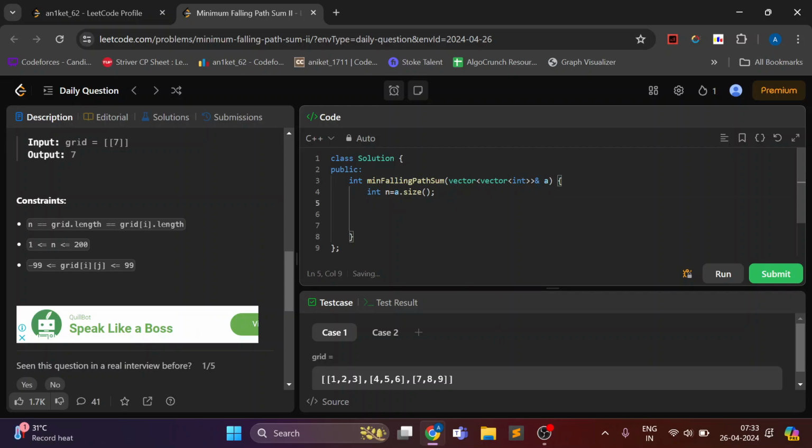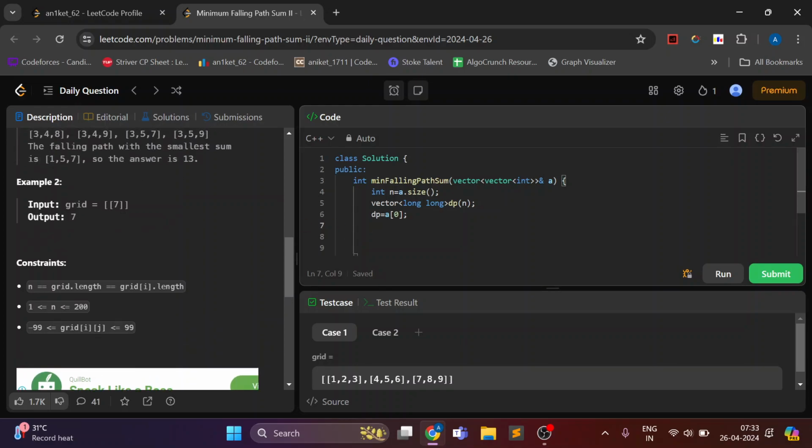So first, n equal to a of 0. Let's start. The first row will be like this. We can start with this, and I can either write an n cube solution or an n square log n solution.